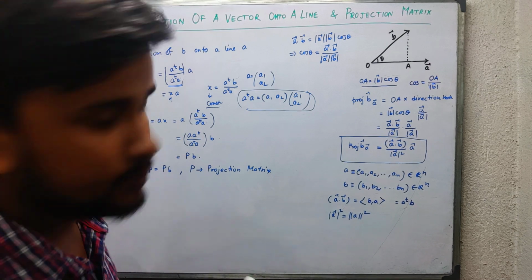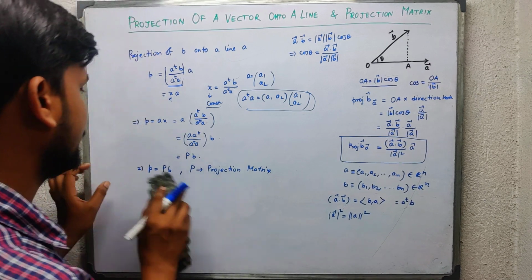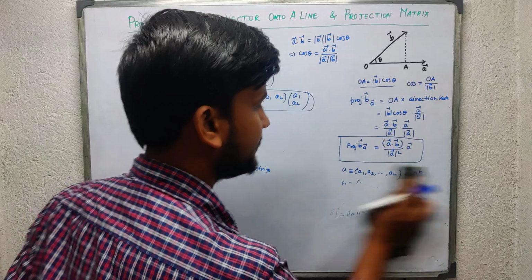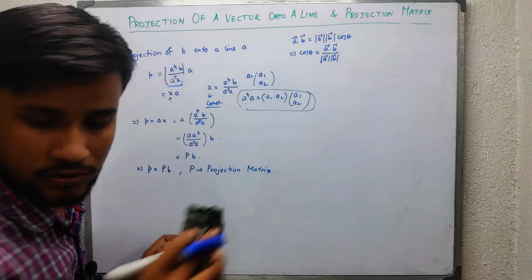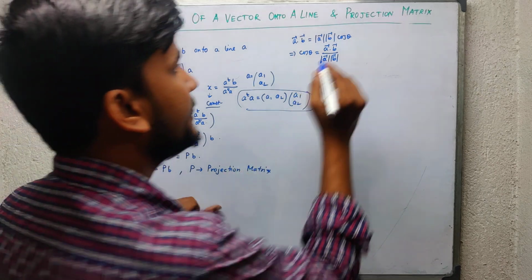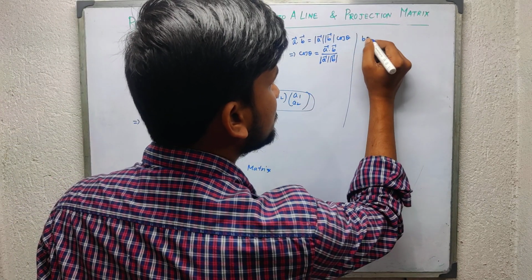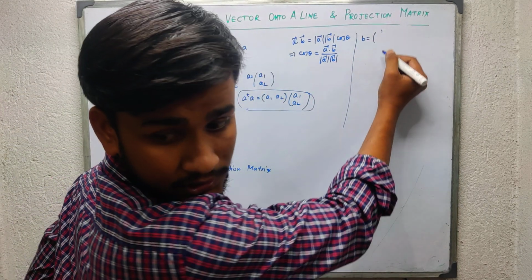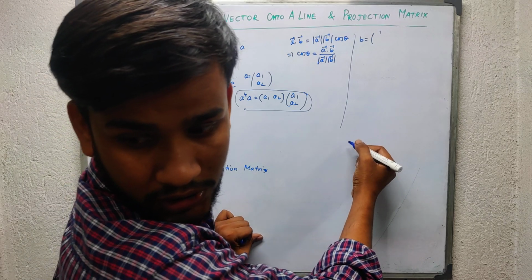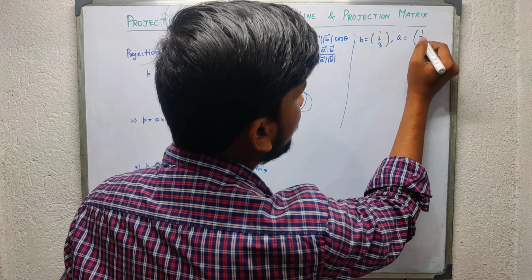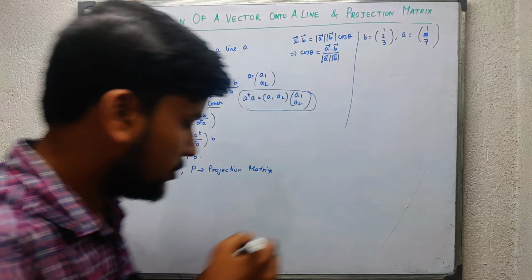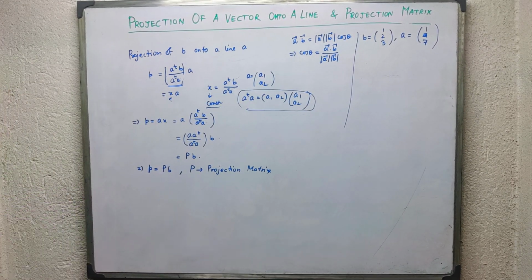Now, if we take a vector B equal to 1 2 3 and A equal to 1 4 7, and we need to find the projection of the B vector along the A vector, what is the case?